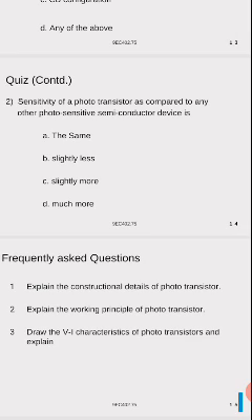Frequently asked questions. Explain the constructional details of phototransistor. Explain the working principle of phototransistor.